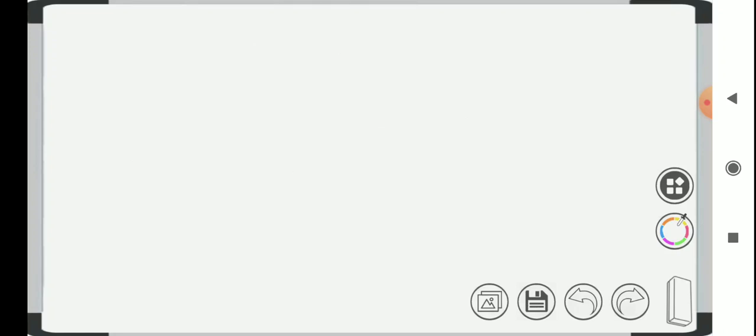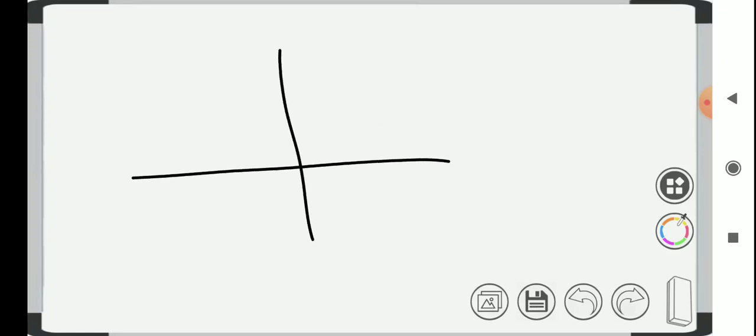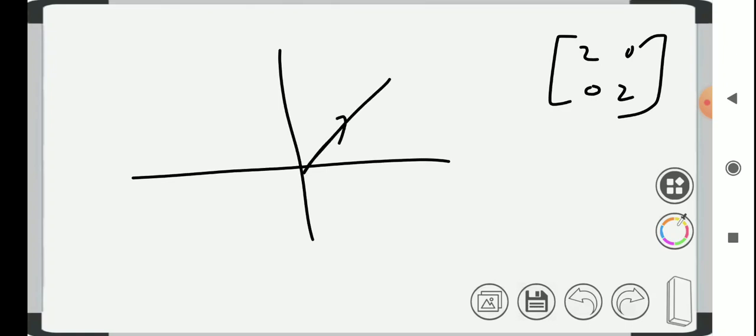This simply implies that this vector gets scaled by the value lambda. Suppose we have a simple linear operator like this matrix, which is the diagonal scalar matrix 2, so that every vector gets scaled by 2. If we have the vector (1,1), it will simply get scaled to (2,2).